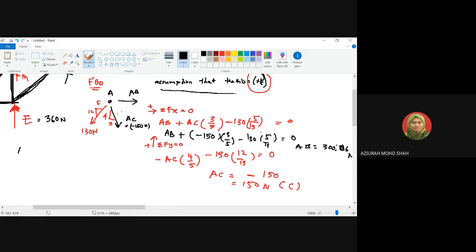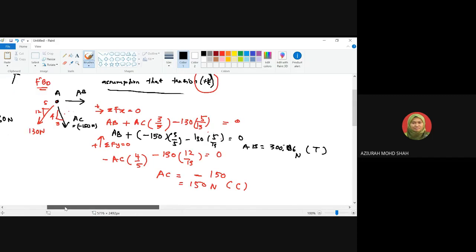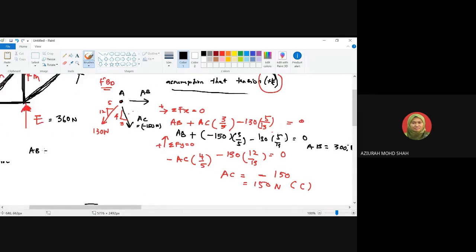Tadi kita dah dapat AB. So ini kita, because it is positive dan it is tension lah. So kita dah dapat AB 306.66.